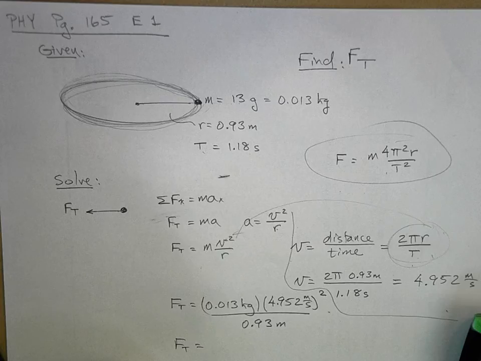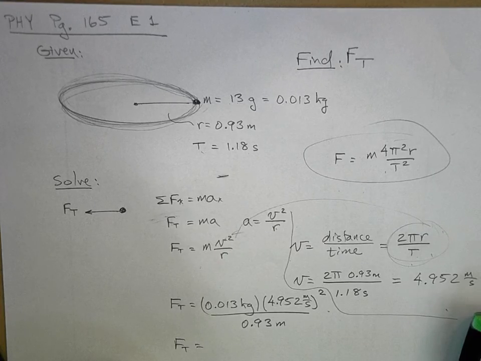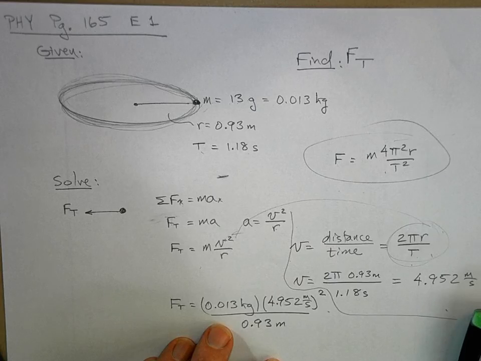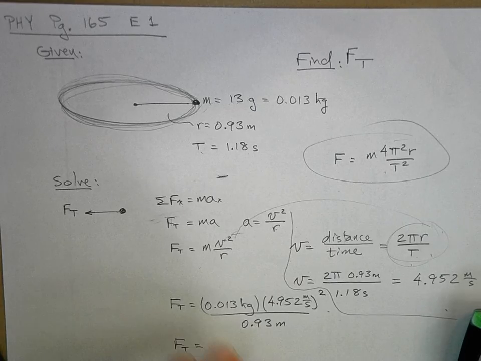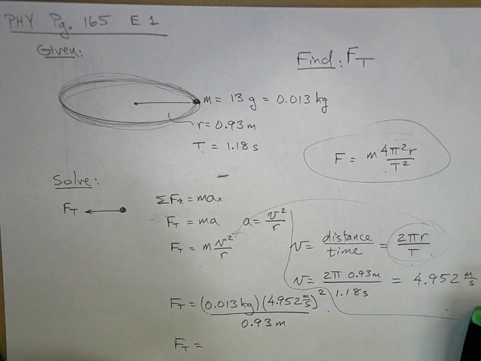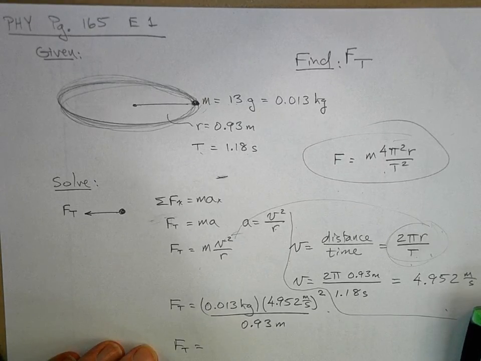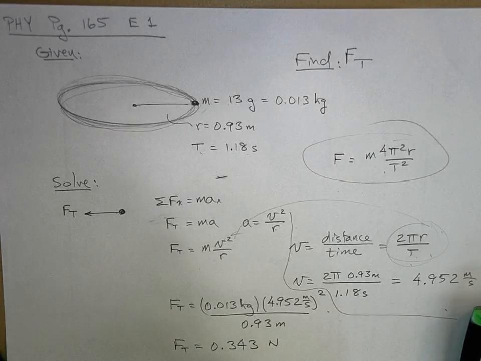Let's see. Square that, times 0.013, divided by 0.93 equals, and the tension force is only 0.343 newtons. That's what the book got. Yeah, 0.34 newtons.